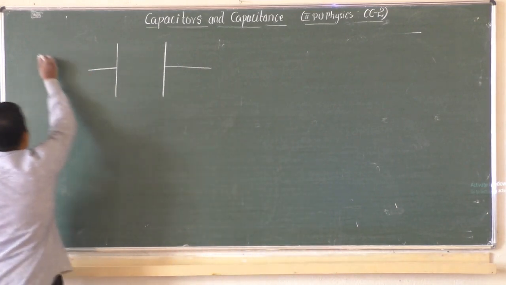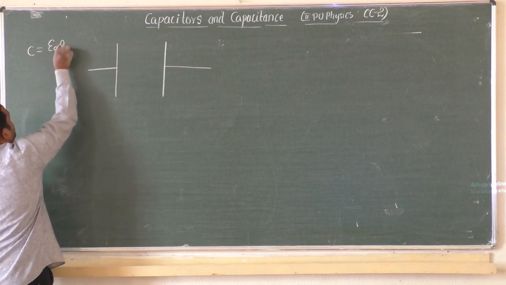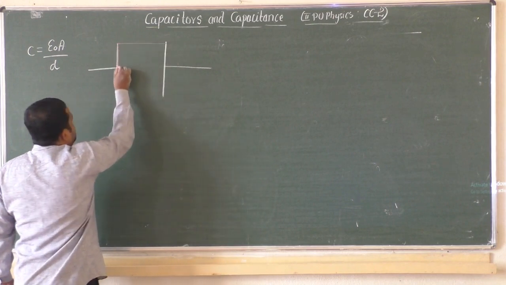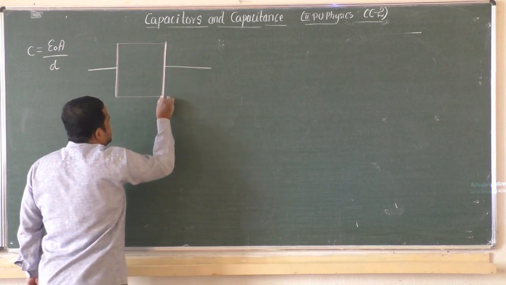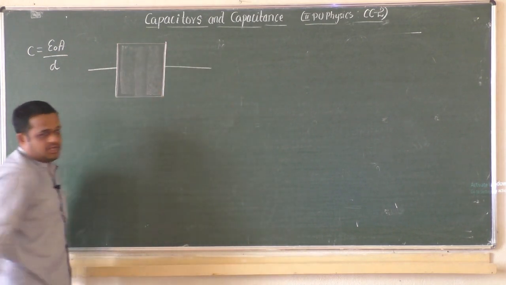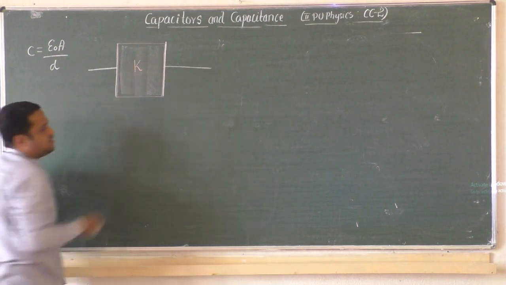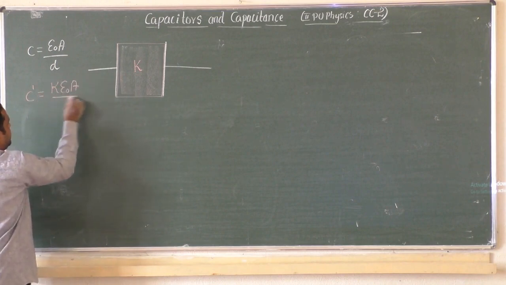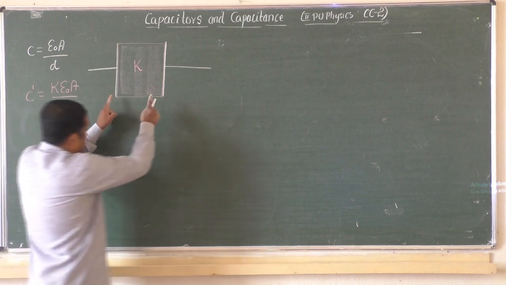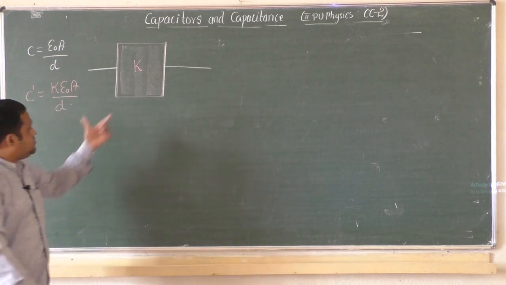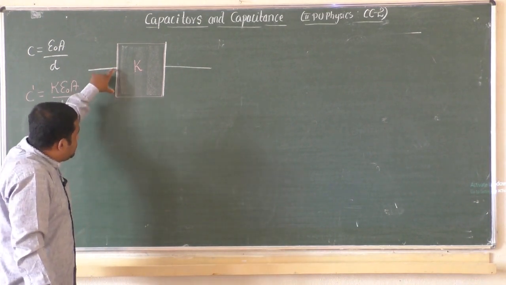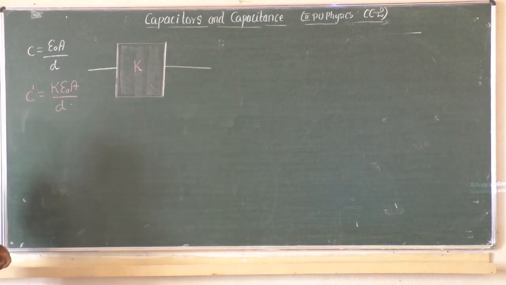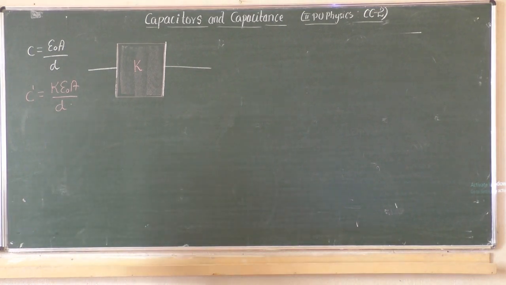When it is an air-filled capacitor, its capacitance is equal to epsilon naught A divided by D. When you introduce a dielectric medium of area equal to the area of each plate and thickness equal to the separation between the plates of the capacitor, if K is the dielectric constant of this medium, now the capacitance is given by C dash is equal to K times epsilon naught A divided by D. This is when the separation between the plates is replaced by a dielectric medium whose area is equal to the area of each plate and thickness is equal to the separation between the plates. Now two more possibilities are there.